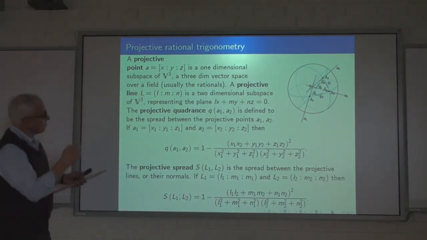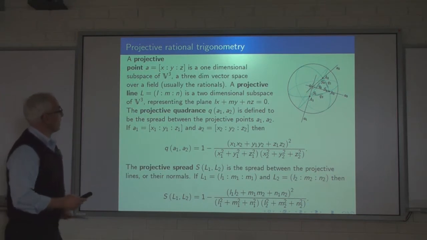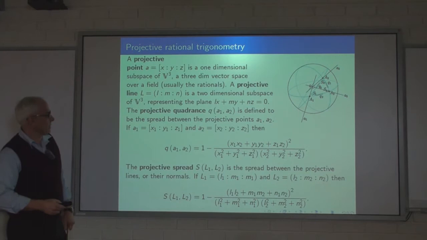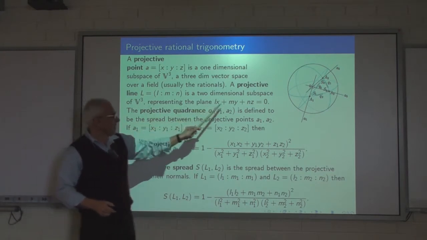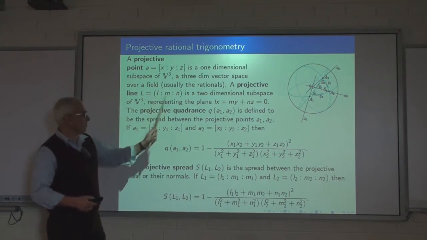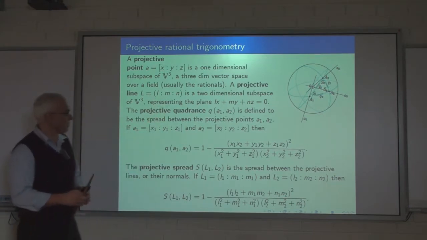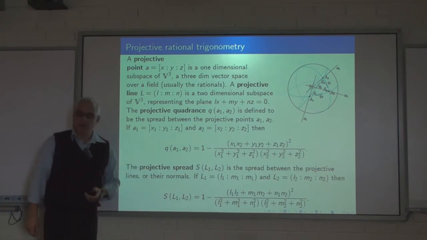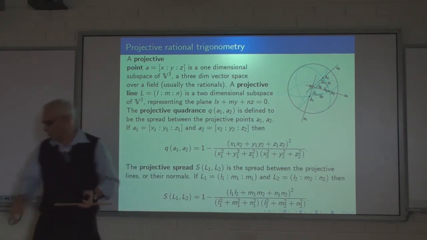With coordinates, a projective point can be interpreted in terms of a triple. A plane can be written in linear algebra form as Lx plus My plus Nz, so it's essentially given by a homogeneous triple of coordinates. Then we can write down expressions for the spread between two lines.